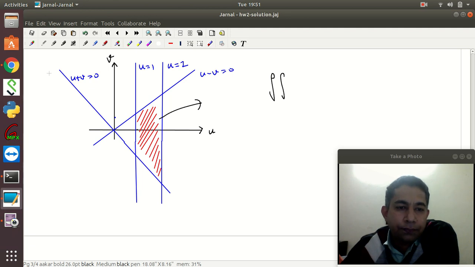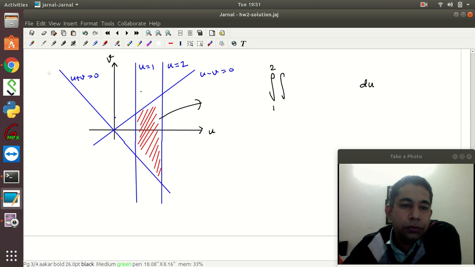Okay, so setting up integration over this should not be that difficult. What we have in this region, we immediately see that u goes from 1 to 2. And for each of those u, v goes from this lower line to the upper line. Which is also very easily solvable, because the lower line is u plus v is equal to 0, so v becomes minus u.